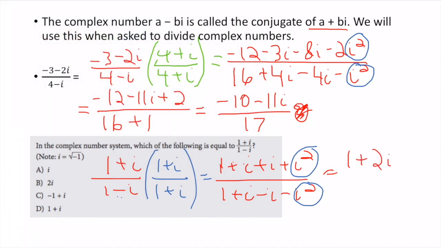So I'll simplify again. 1 plus 2i minus 1 over 1. Plus and minus cancel each other out, and I have a minus negative 1, so I got 1 plus 1. Simplifying one more step, 1 minus 1 is 0, so I'm just left with 2i over 2. Just left with i.